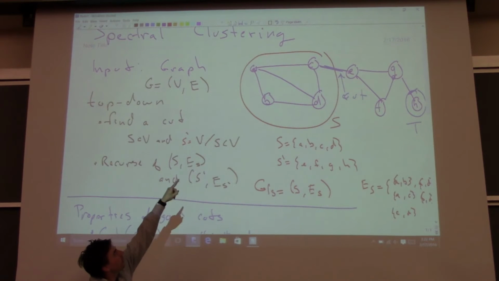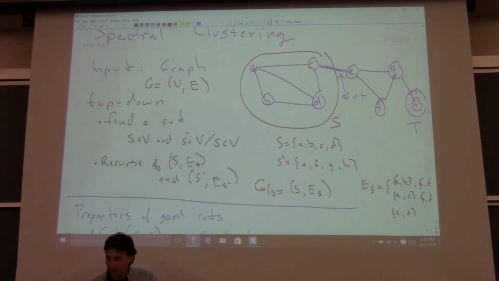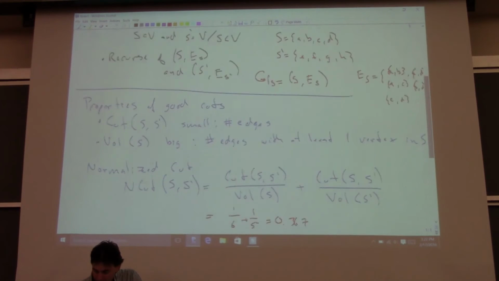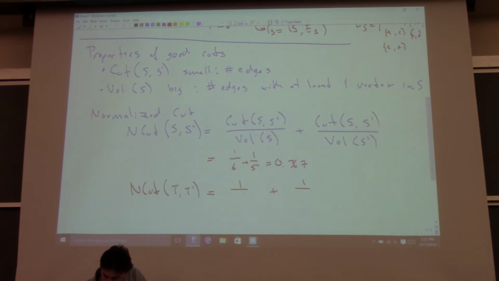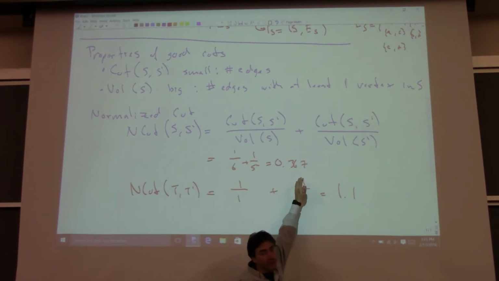Well, 1, 2, 3, 4, 5, 6, 7, 8, 9, 10. So it's going to be 1 over 1 plus 1 over 10. And what is this? It's 1.1. So for the cut T, which just cuts off the single vertex, this is much larger. This was 1.1, and this is 0.367.